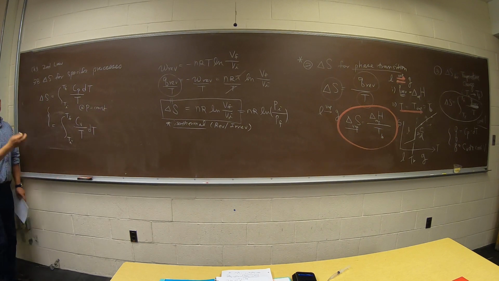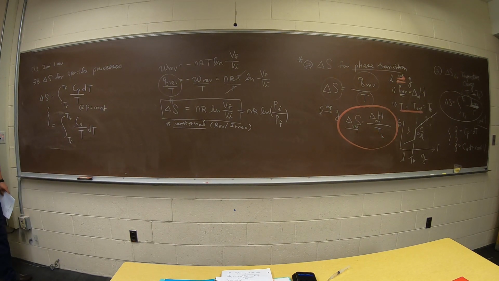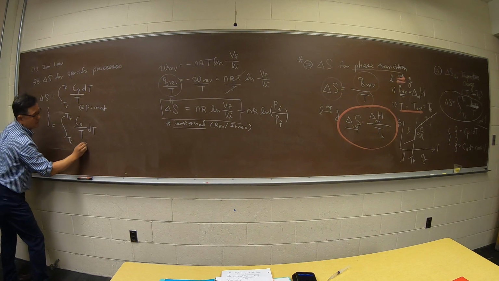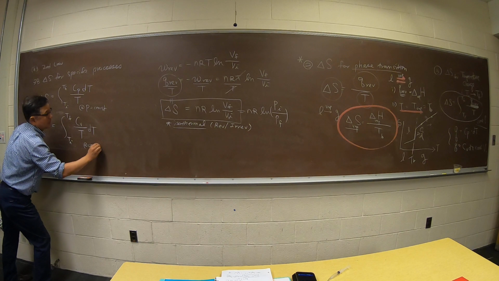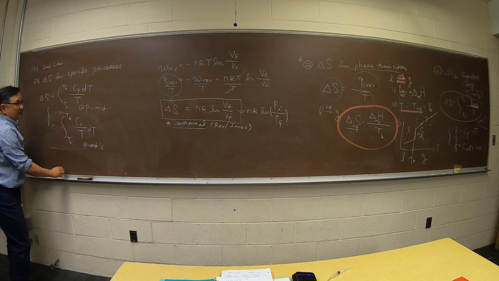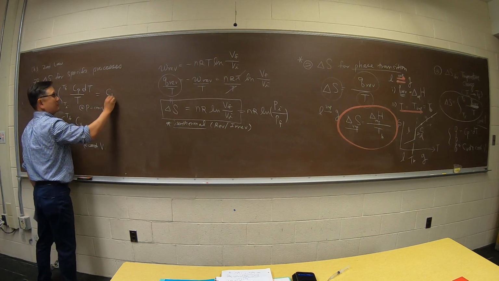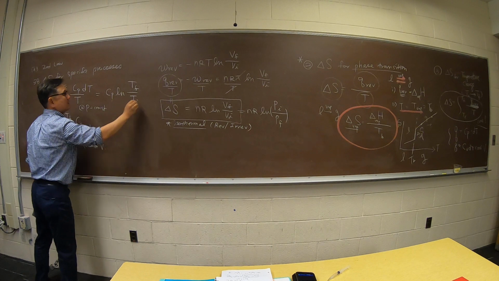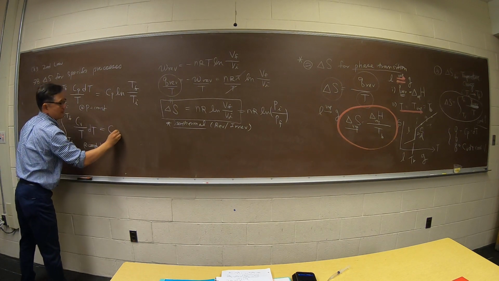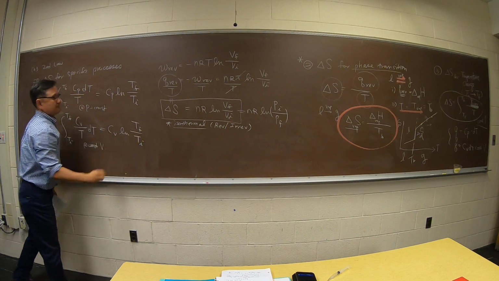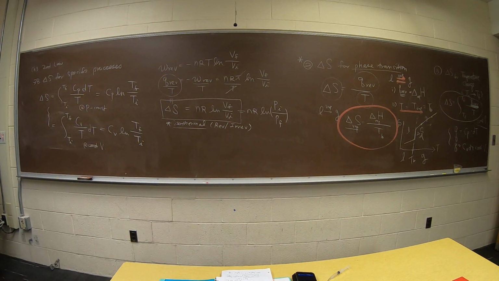It's easier to deal with heat as the Cp heat capacity at constant pressure, or Cv at constant volume. It will have a different form, which is Cp natural log of final over initial, the same as Cv natural log of final over initial. So that's how you do it.